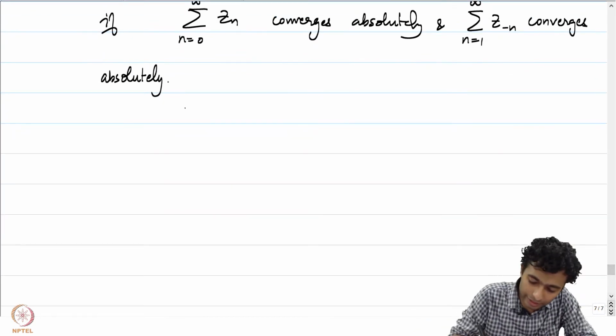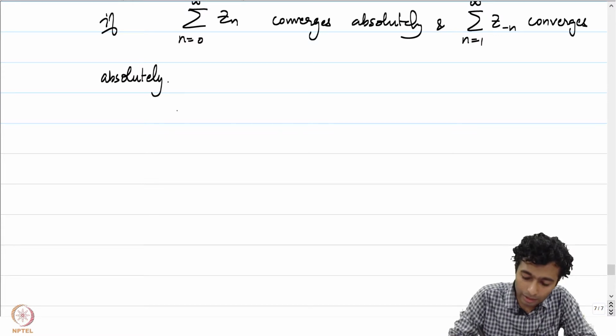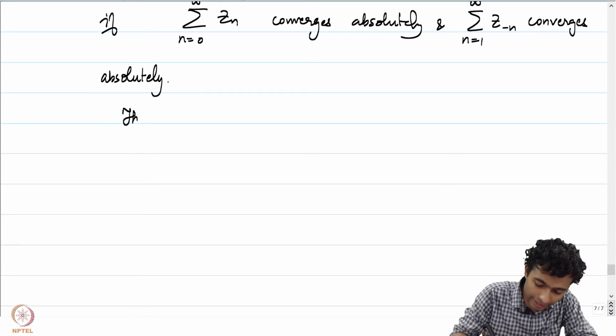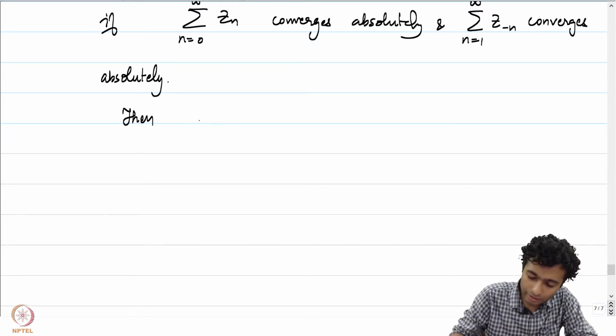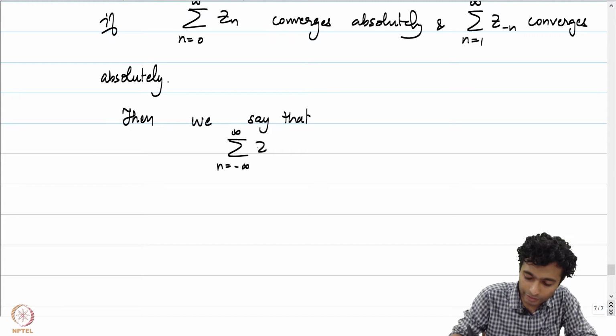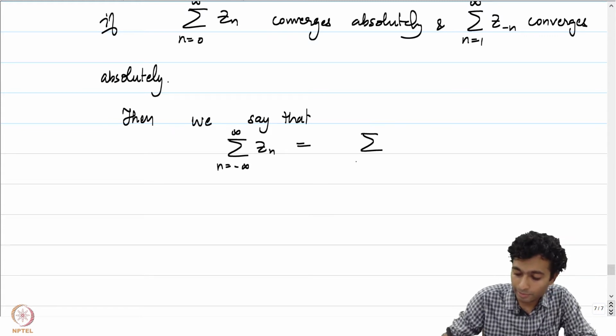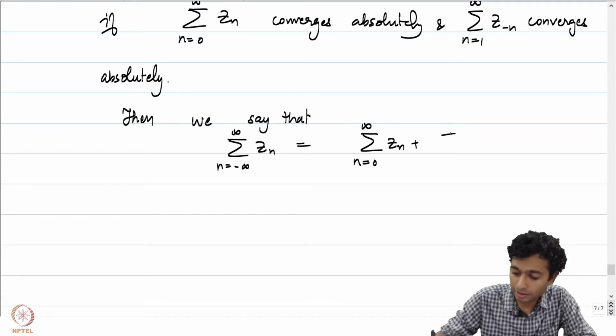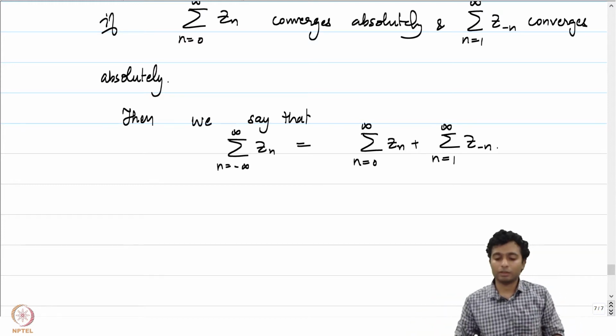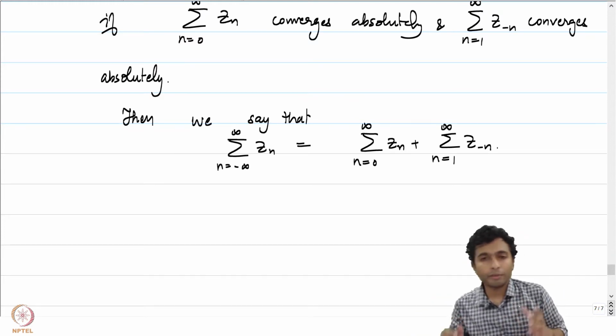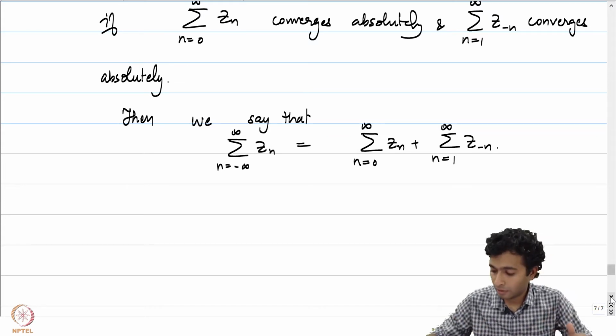In these cases, we say that summation n equal to minus infinity to infinity of Zn is equal to summation n equal to 0 to infinity of Zn plus summation n equal to 1 to infinity of Z minus n. This is what we mean by a doubly infinite series.